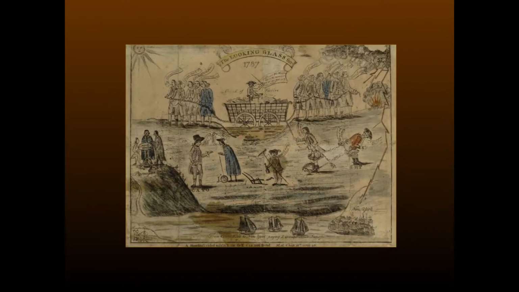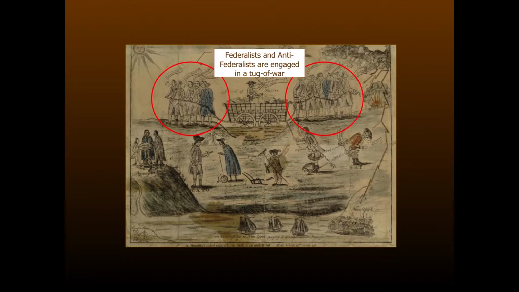Now we see this, and the result of the Constitutional Convention is a tug-of-war between the Federalists and the Anti-Federalists. The Federalists definitely had an advantage, because as they left Philadelphia, they knew what they had done.